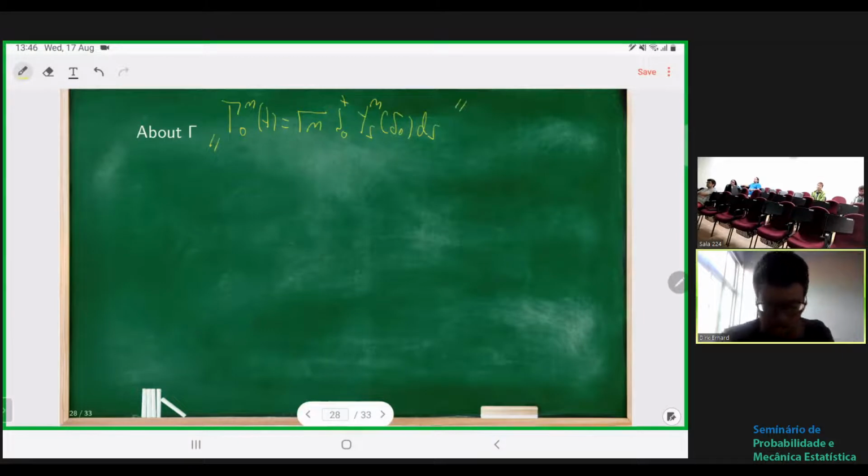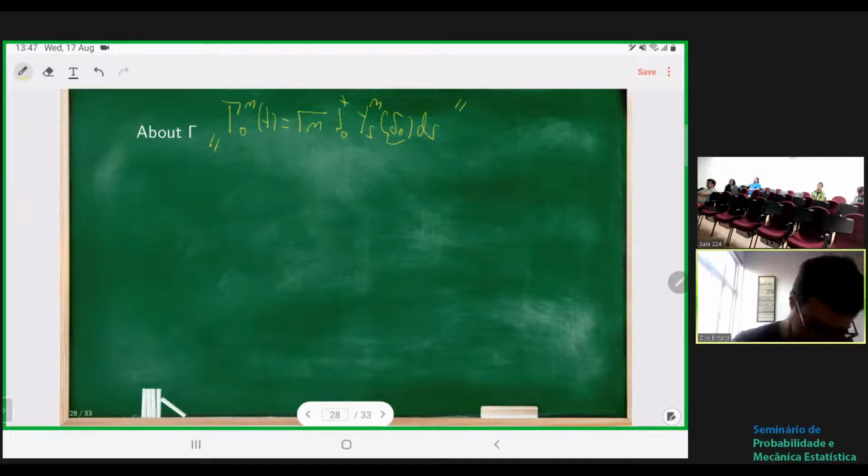The way you do it is that you approximate the delta 0, you smoothen the delta 0 out. The Dirac at 0.